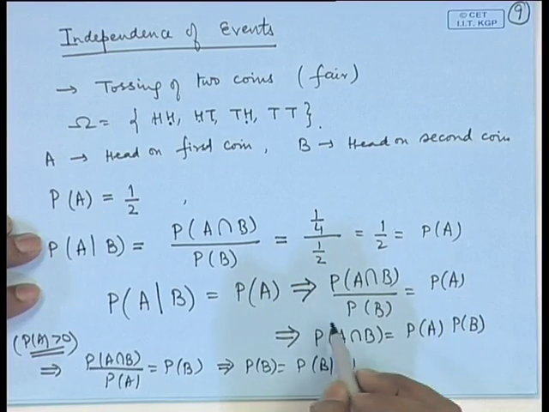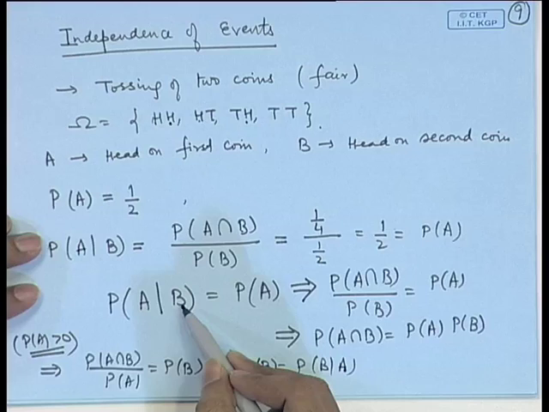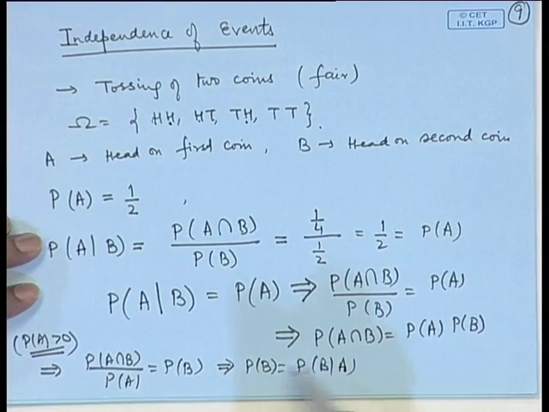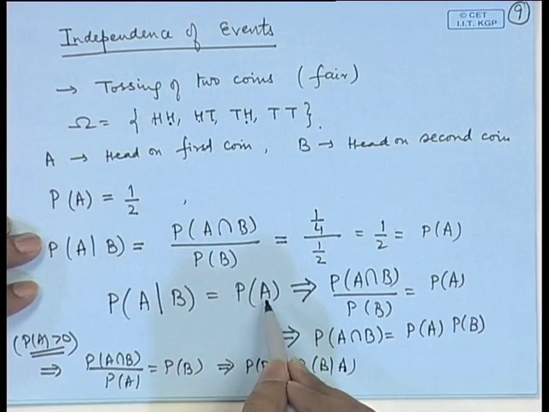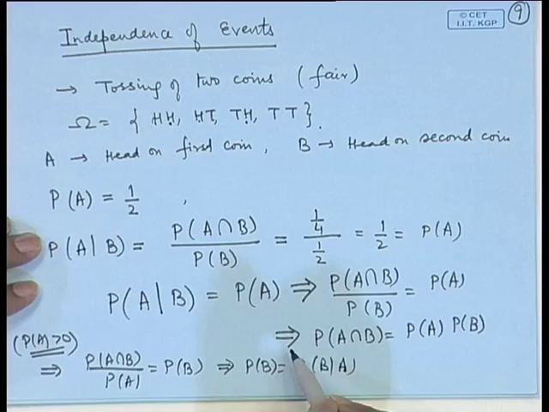So, provided I consider that probabilities of A and probabilities of B are positive, the concept of independence of A with B or B with A is symmetric in nature.